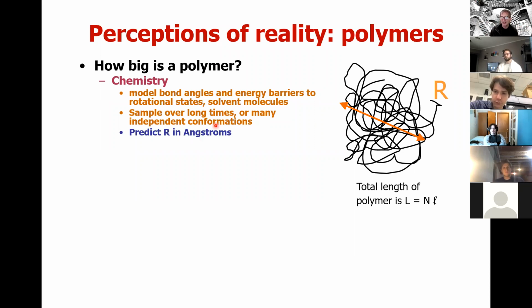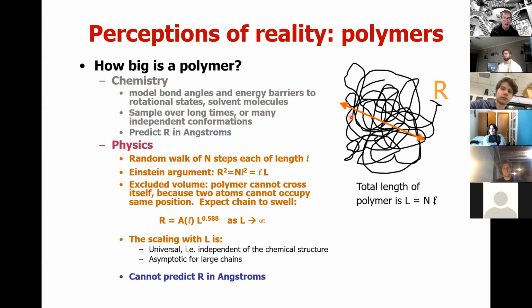Then I will let it go into thermal equilibrium, and it'll sit there for a long time, sample many different configurations, and then I can measure the size from this big molecular dynamics or Monte Carlo simulation, and I can predict for you the size of the polymer in angstroms. Problem solved. Okay, so that works, and you can totally do that.